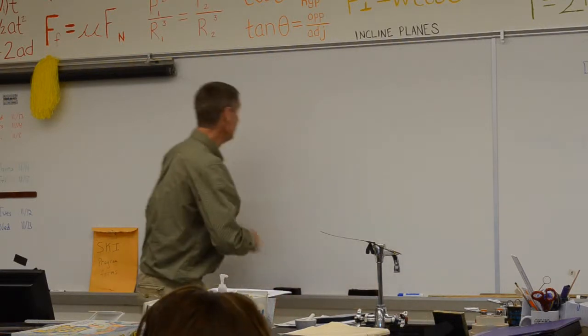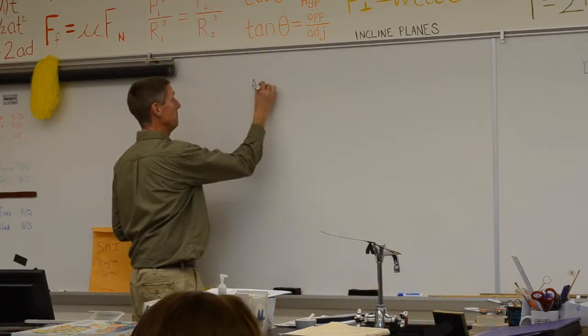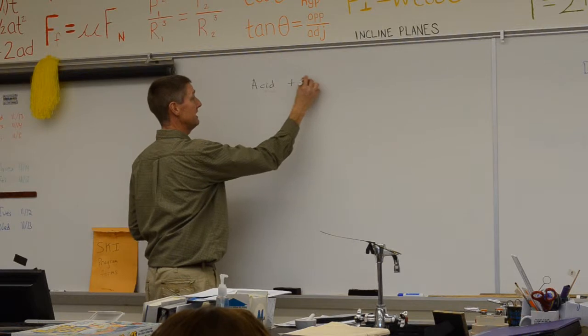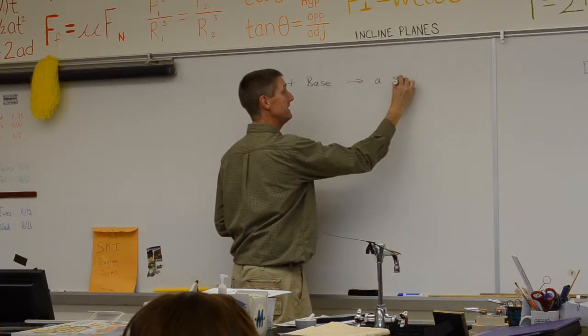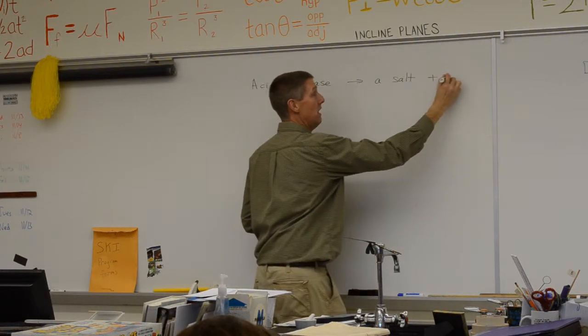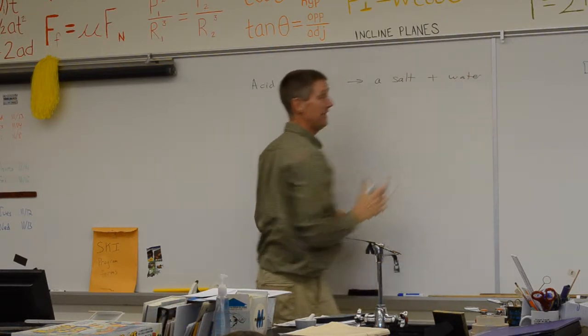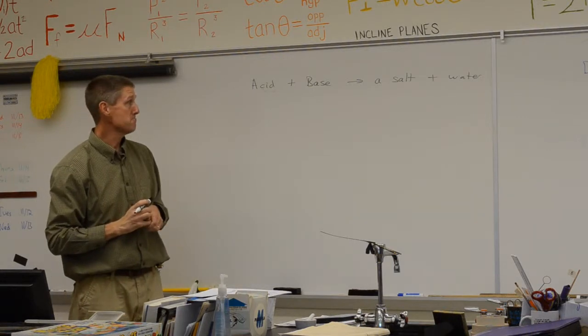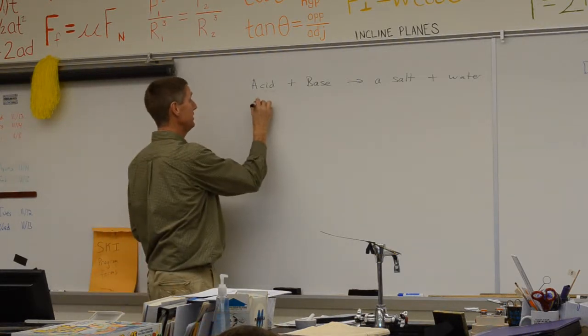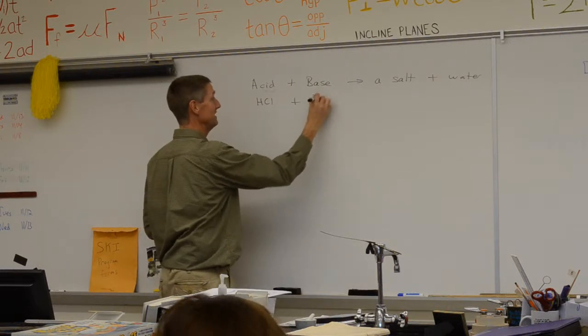Well, if we take, for instance, our basic neutralization reaction that we studied in Chemistry 1, we said that an acid plus a base makes a salt plus water. Okay? For instance, we could use one of my favorite equations.